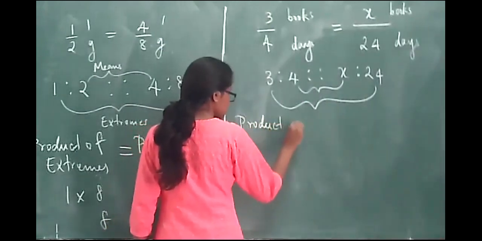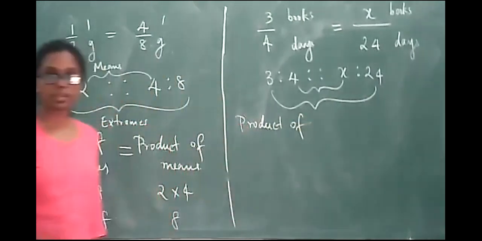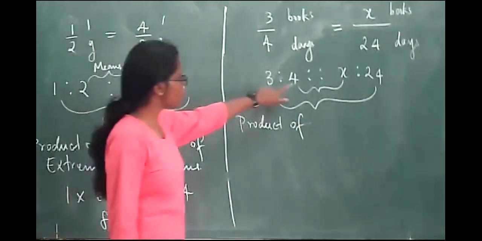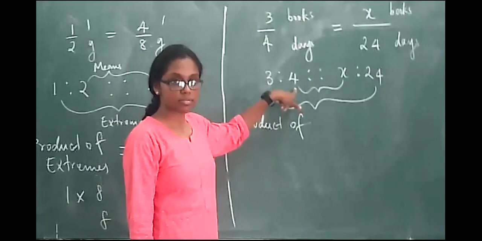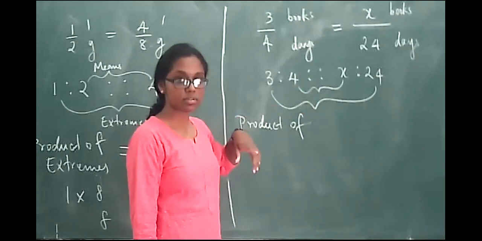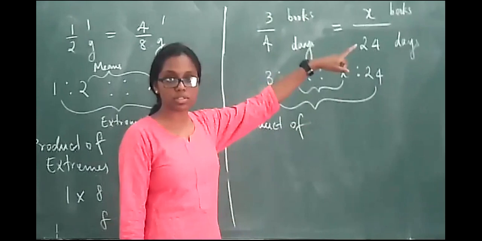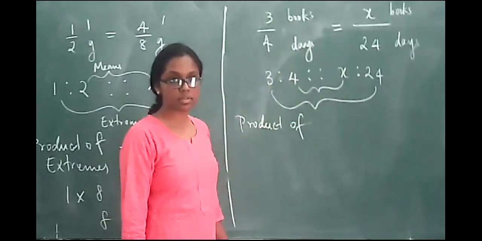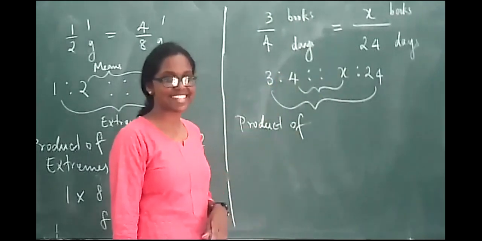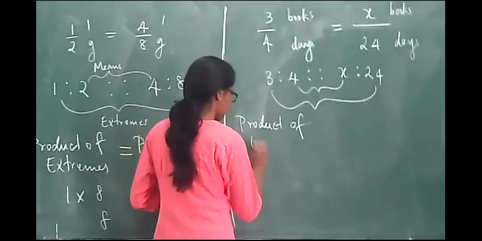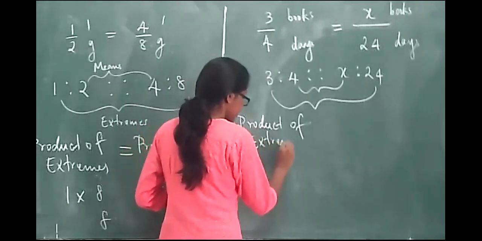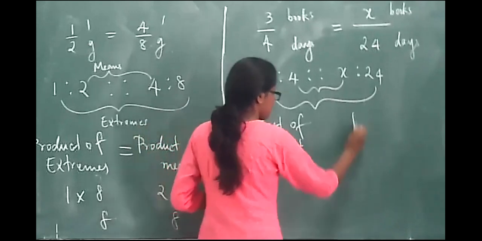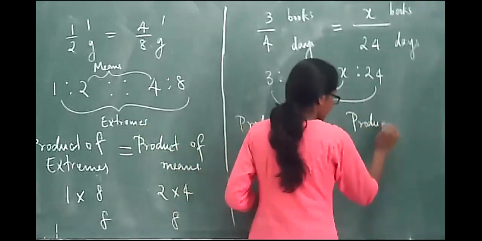What is 3:4 called? Books, x books, and days. I can't see clearly.